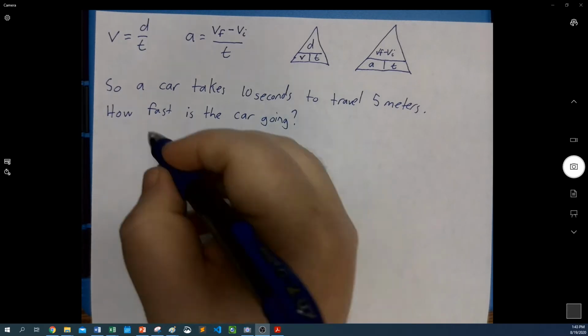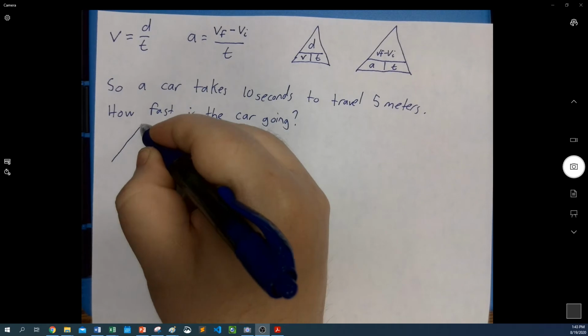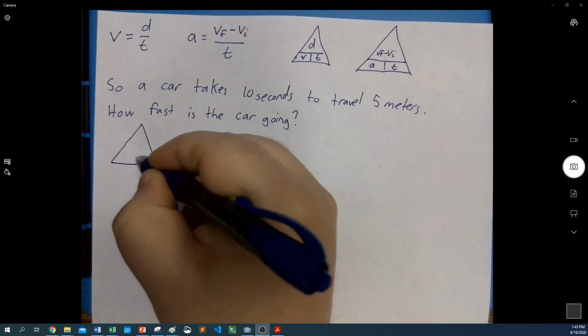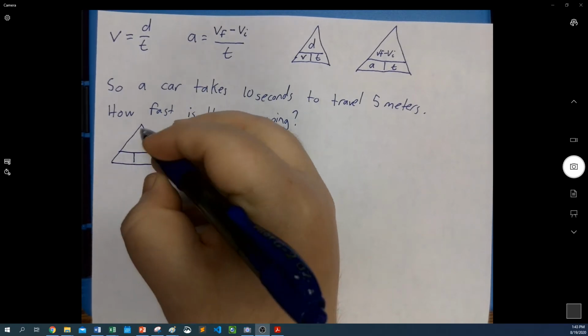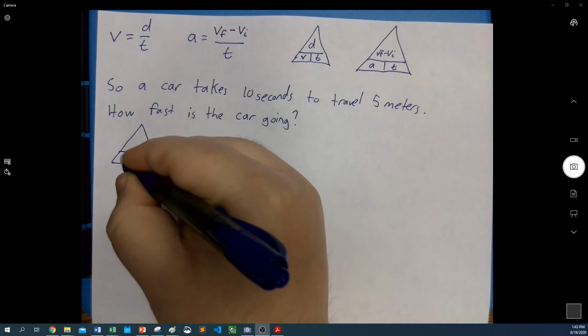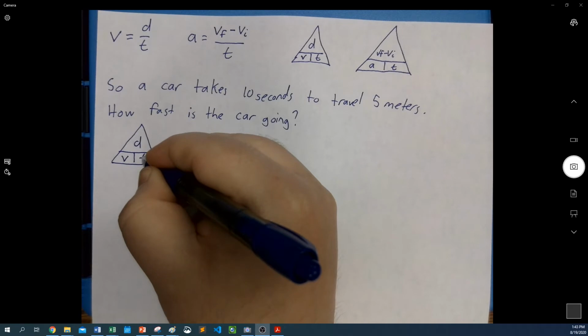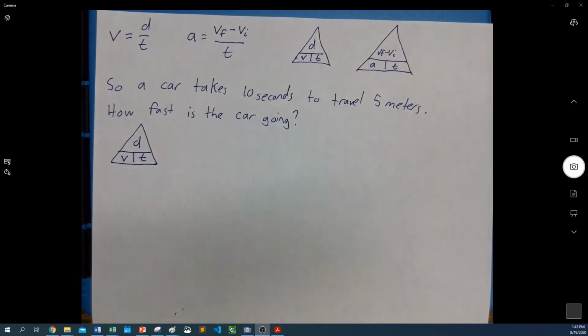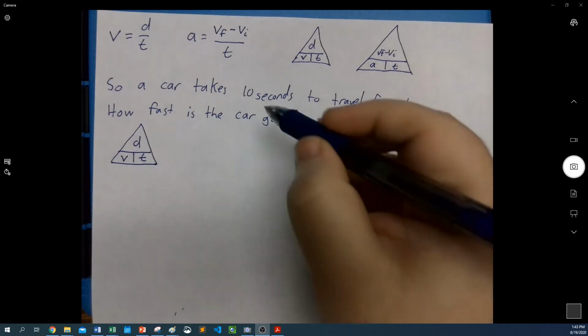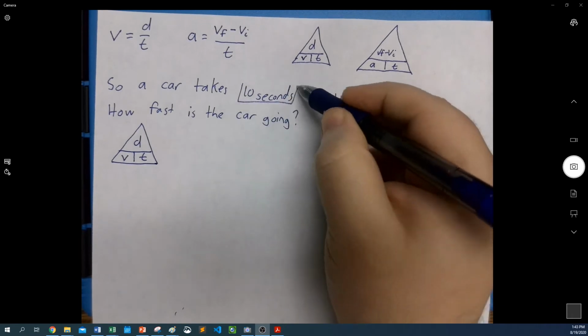So, speed is equal to distance over time. So here's our time. Our time is 10 seconds.